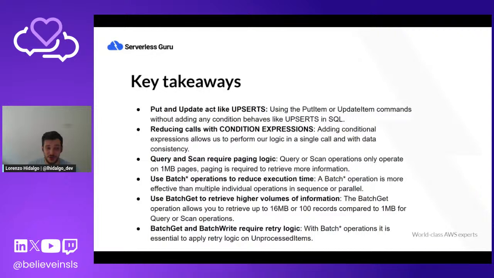But if you already know the primary keys and sorting keys of all the items that you want, you can just use batch get and get 16 megs of data in one request instead of calling query or scan 16 times. Just a cheeky little hack when using batch get.